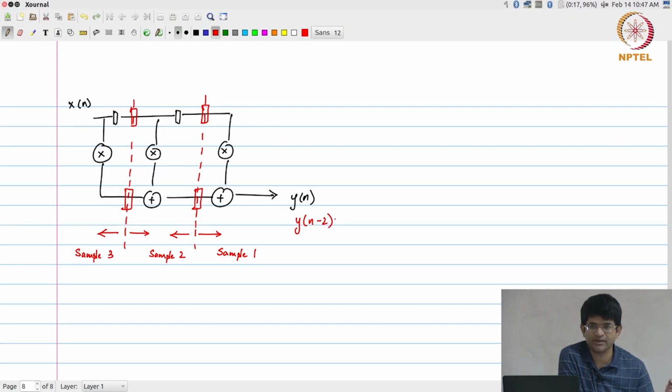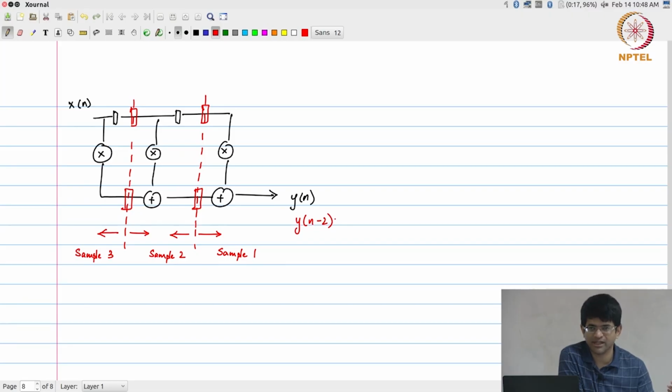At any given point in time when I give the nth sample to the input of the overall system, what I am going to be getting at the output is something that should have come 2 clock cycles earlier or 2 samples earlier in my original design, but now is basically delayed by 2 samples. So, you can understand what is happening over here. In terms of when is the output coming, it has now been delayed by 2 samples. At a given point in time when I expected to see y of n, I am going to see only y of n minus 2. That is latency. I can live with latency in general.